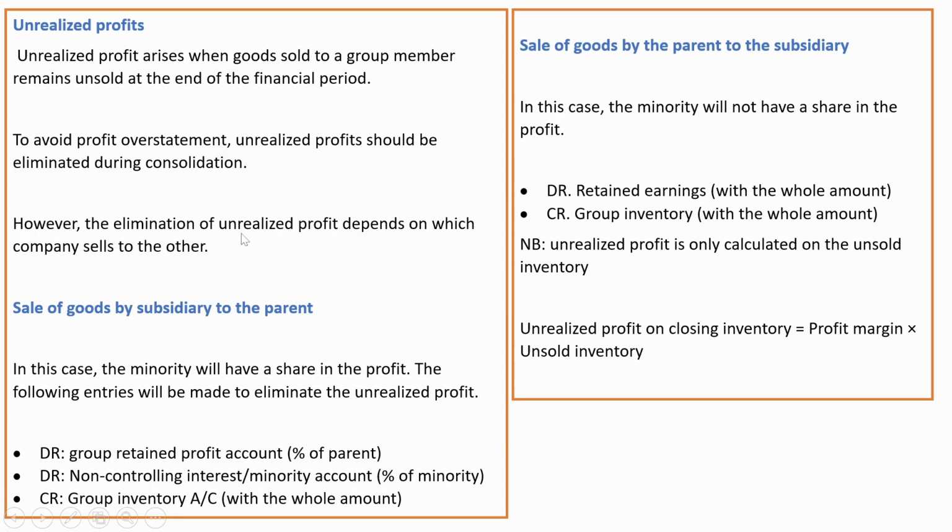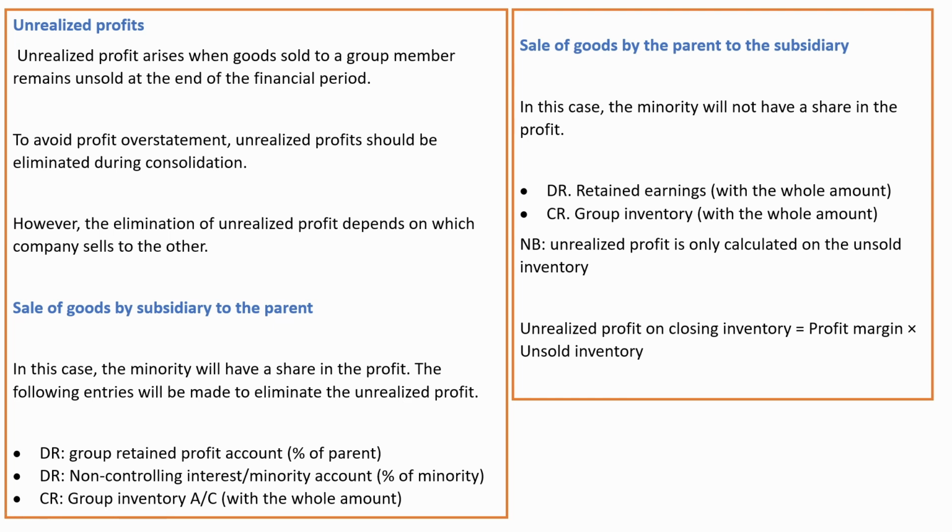However, the elimination of unrealized profit depends on which company sells to the other. Sale of goods by subsidiary to the parent. In this case, the minority will have a share in the profit. The following entries will be made to eliminate the unrealized profit.